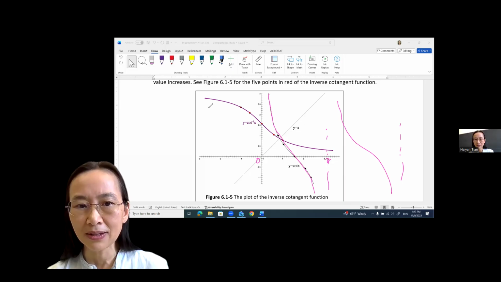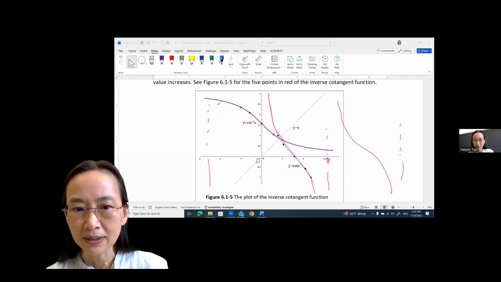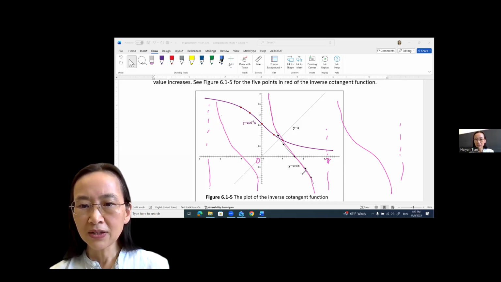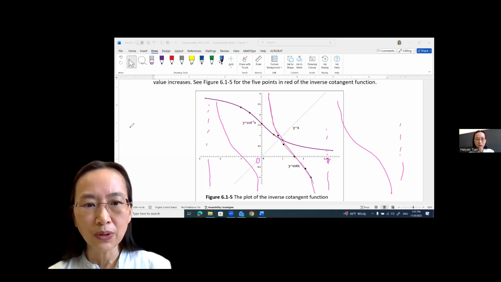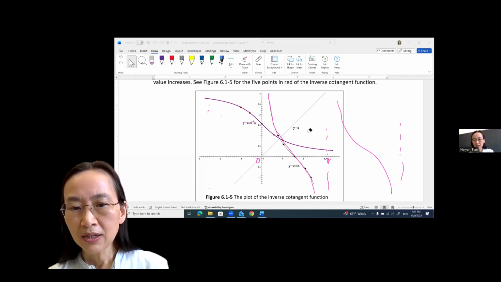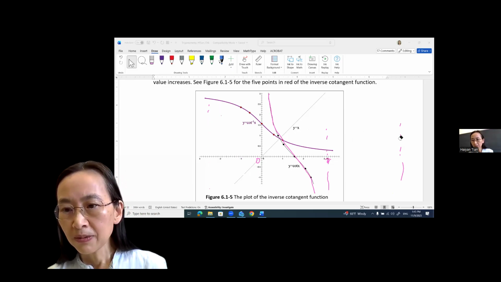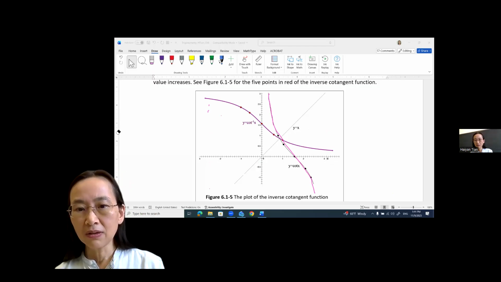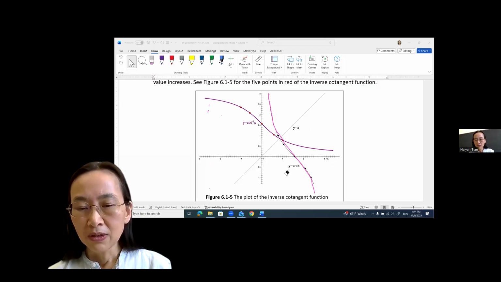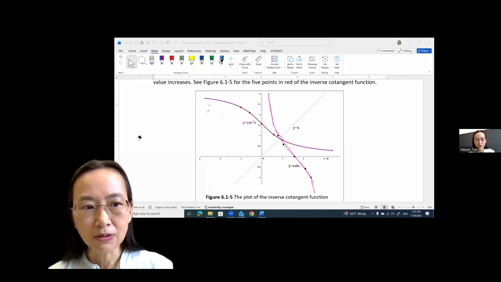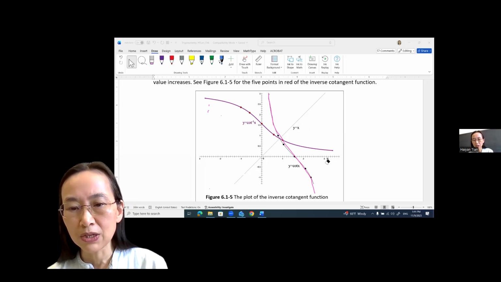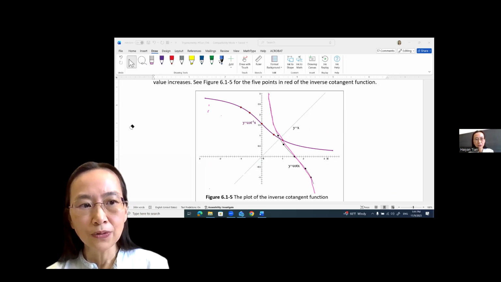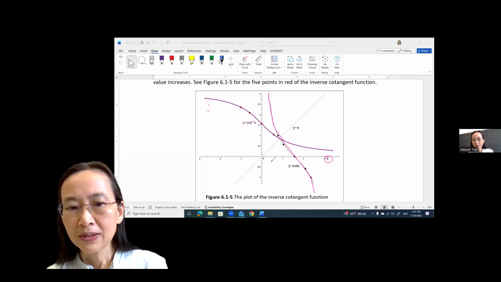Tangent at each cycle is increasing, but cotangent is decreasing. So this is cotangent. Of course, we only look at one branch, so we can see for this one branch, it's strictly decreasing. And if we look at more than 1 period, then it's not decreasing, right? It's only when you restrict to this interval, it's decreasing.